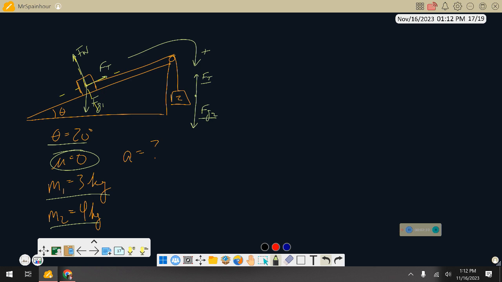Notice something that usually happens on a hill is that gravity goes this way, and because of the perpendicular axis, a lot of times force gravity parallel is actually positive because it's going with the motion, whereas in this case over here, this force gravity is going to be negative because it's resisting that particular acceleration. A lot of times on this object I would sum the forces in the y, or the perpendicular, because I get force normal. But since we have no friction, we don't really need to do that.